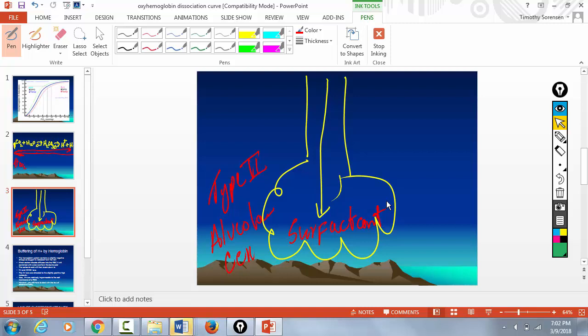And if they know the baby is coming early, the doctor can give the mother an artificial surfactant. It's called Surfacan. Have you ever heard of it? It's a chemical that will stimulate the production of surfactant in the fetus.